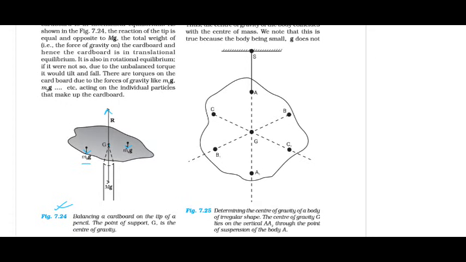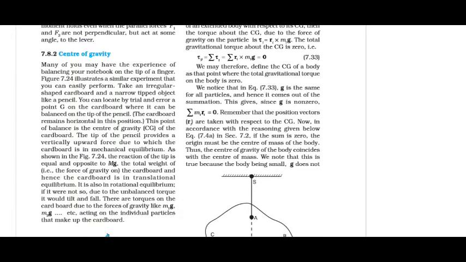The reaction of the tip, as shown in figure 7.24, is equal and opposite to mg, the total weight, that is the force of gravity on the cardboard, and hence the cardboard is in translational equilibrium.